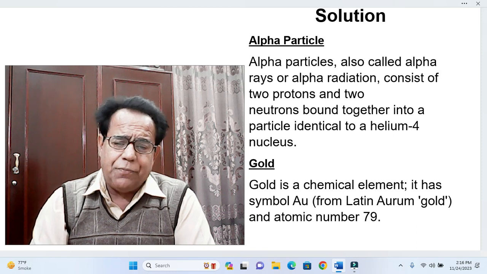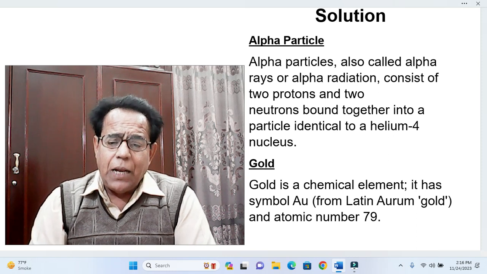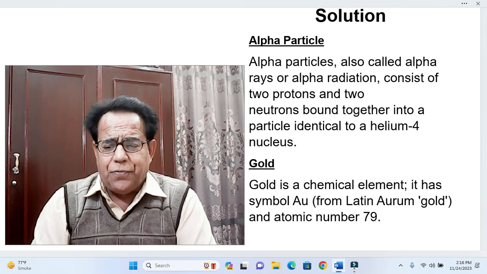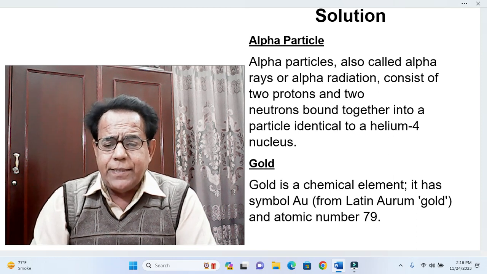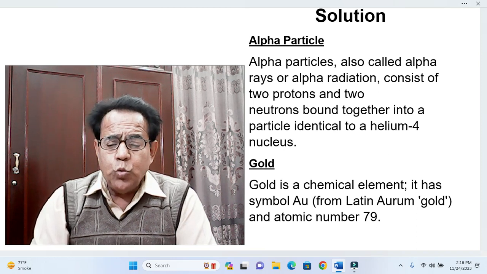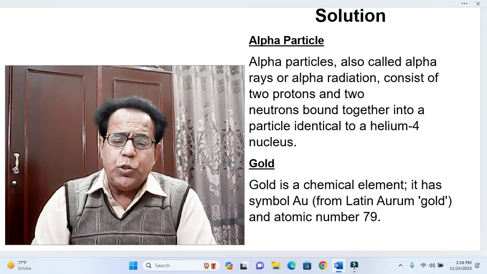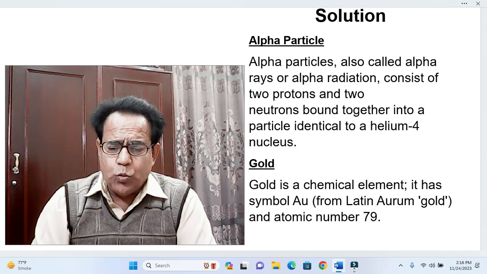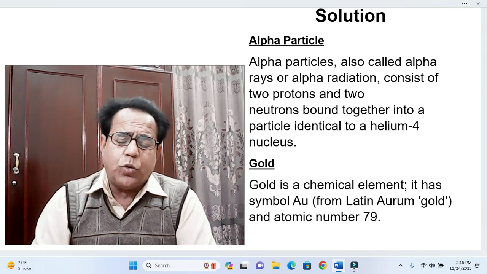First is the alpha particle. Alpha particles, also called alpha rays or alpha radiation, consist of two protons and two neutrons bound together into a particle identical to a helium-4 nucleus.